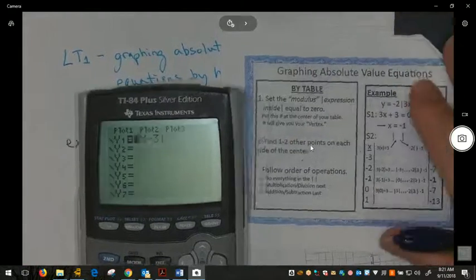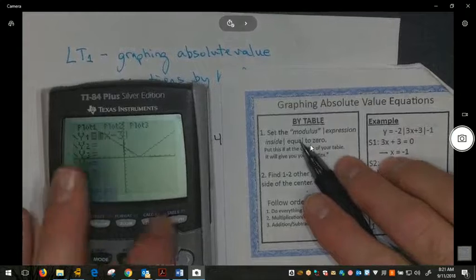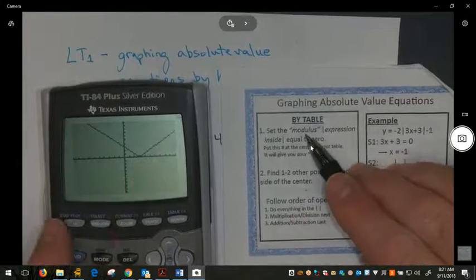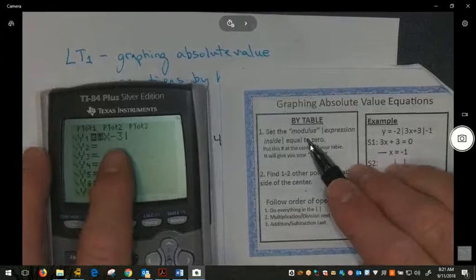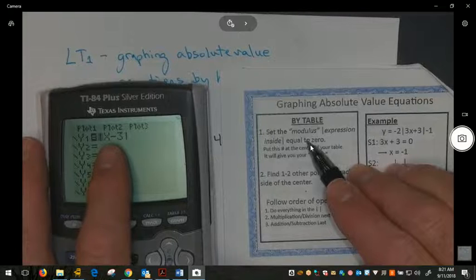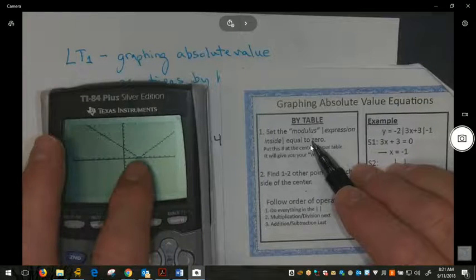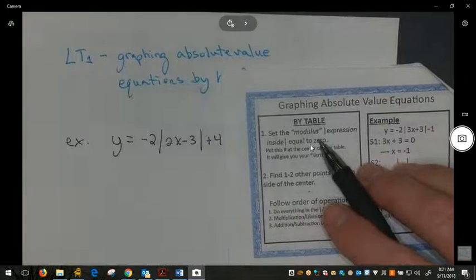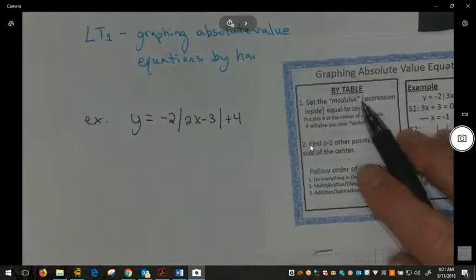We know where the center of the graph is if we set the modulus equal to 0. So if I set x minus 3 equal to 0 and solve, I get that x equals 3. That's where the center of the graph is. So we start by doing that to figure out the center value of our table.